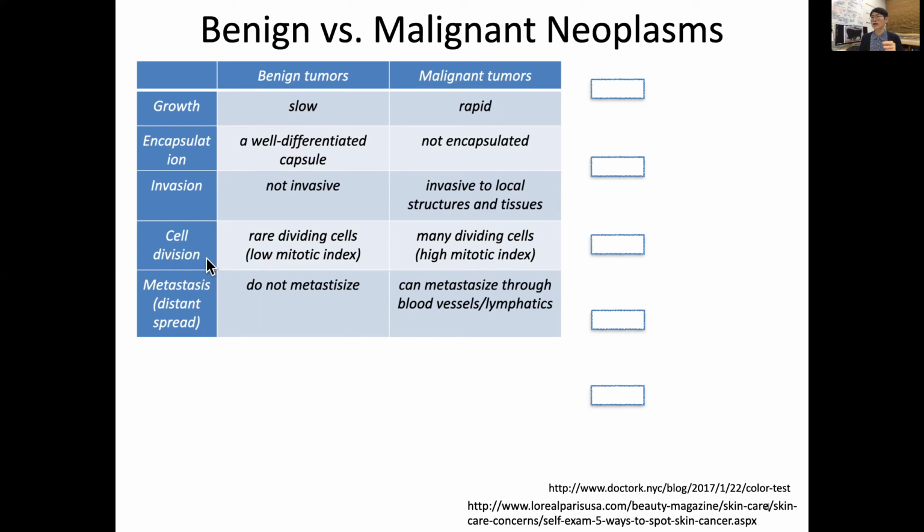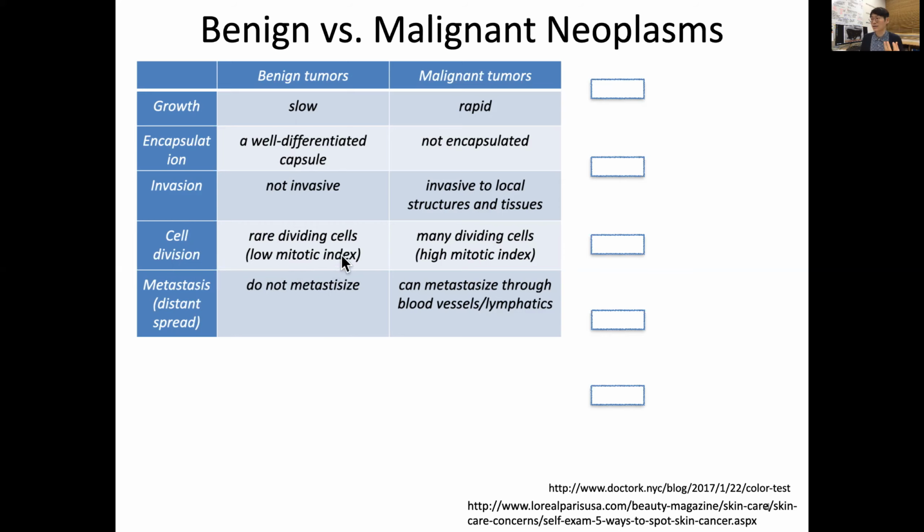And in terms of cell division, think about the growth of the cells. When you look at a pathological tissue sample under the microscope with contrast, you look for dividing cells. Slow growth means there are few dividing cells, so we call it a low mitotic index.